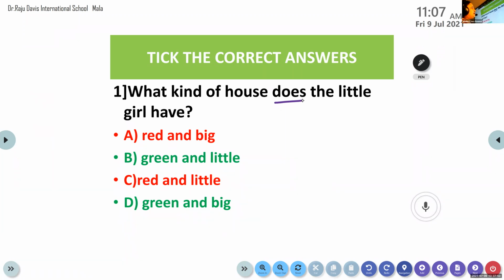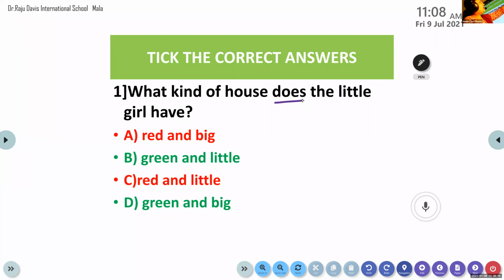Read it one more time, please. What kind of house does the little girl have? Have, yes. What kind of house does the little girl have? Okay, good effort, my dear.